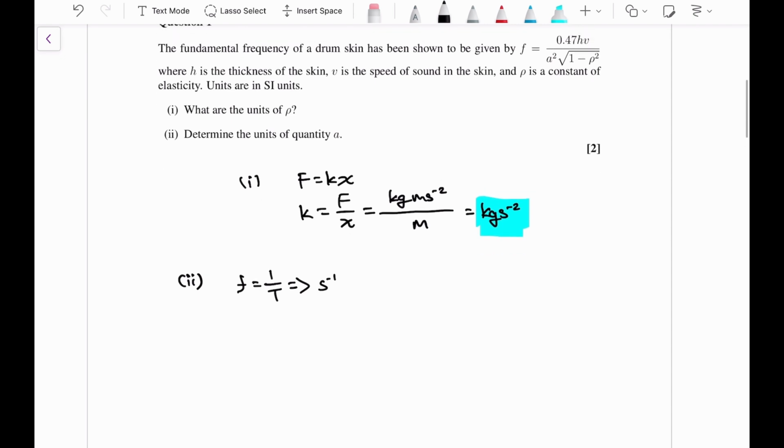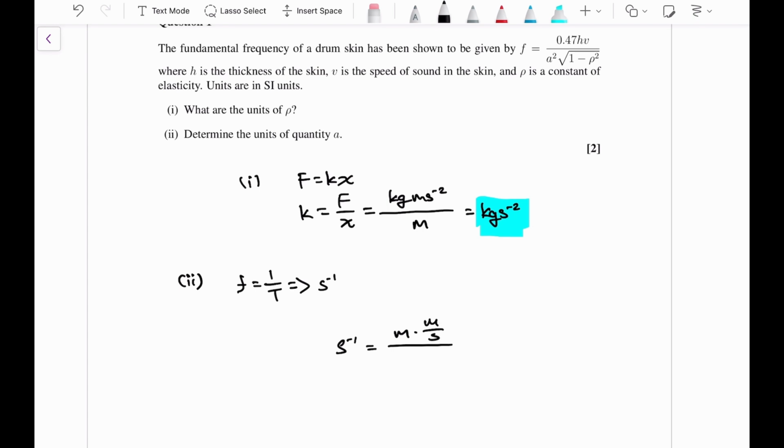If we look at the equation, s^-1 is equal to, and then 0.47 is the constant, so we can neglect it. And then h is the thickness of the skin, so let's say it's m. And then v is basically just m over s.